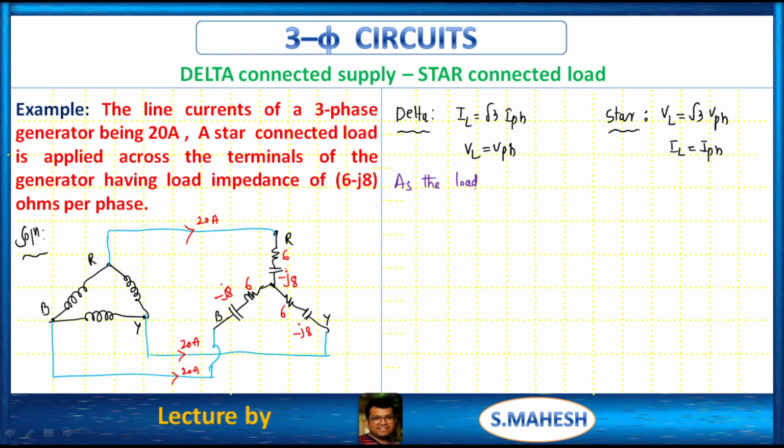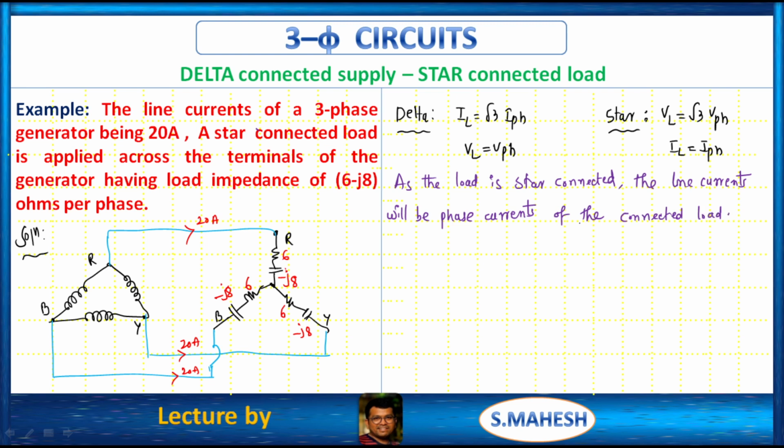As the load is star connected, the line currents will be the phase currents of the connected load, right?